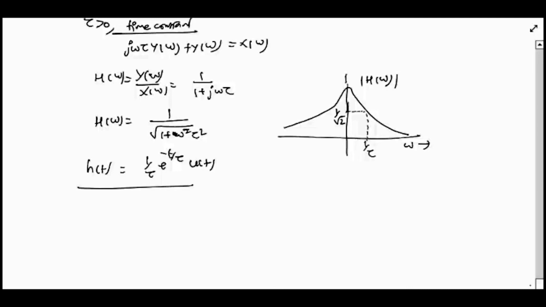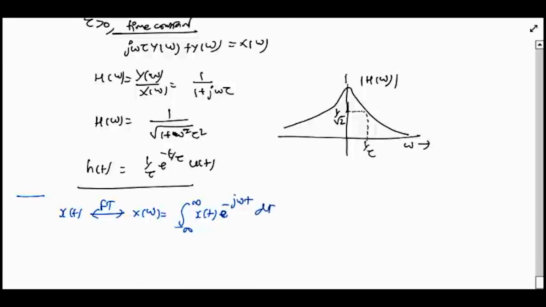Let us now take a step back and look at the definition of Fourier transform. Recall that the Fourier transform for a signal x(t) was defined as follows: integral from minus infinity to infinity of x(t) e raised to minus j omega t dt. Okay.